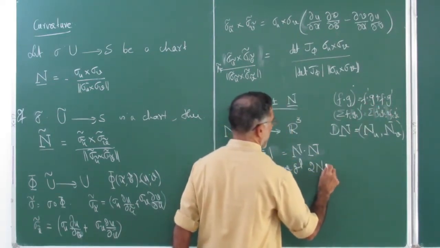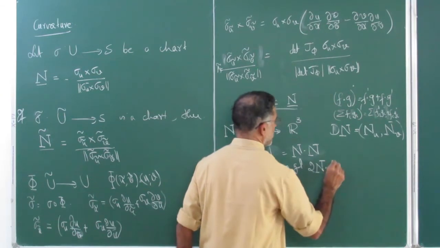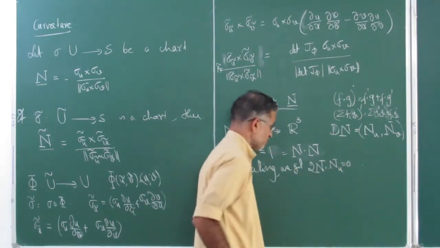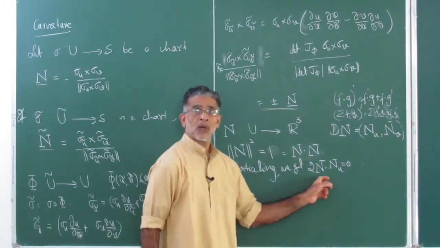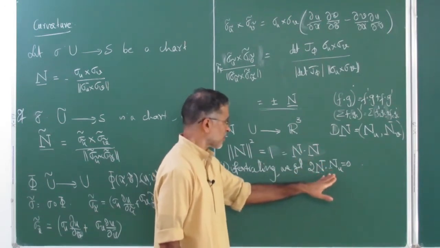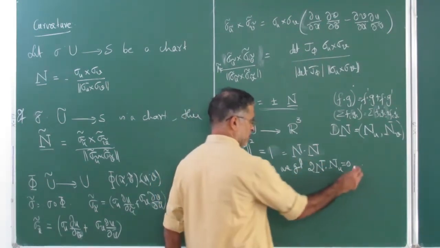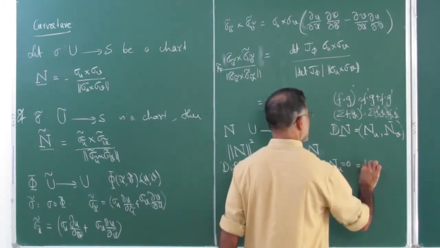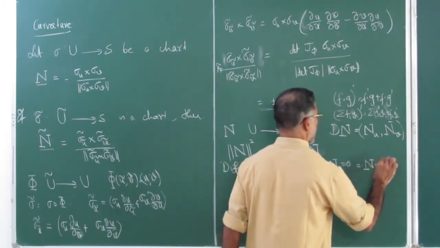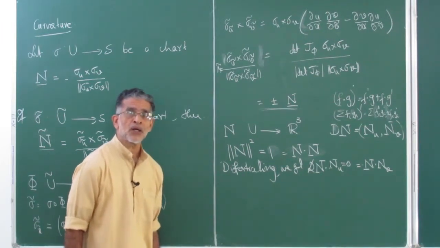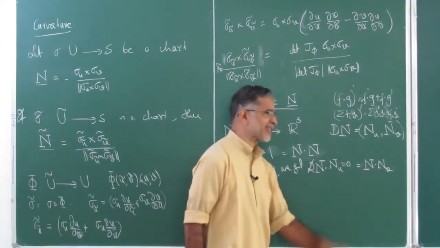So you have 2n dot nu equal to 0, because this is constant. Right hand side the derivative is 0. So you can even cancel the twice. So n dot nu is 0, and the other one is n dot nv is 0.